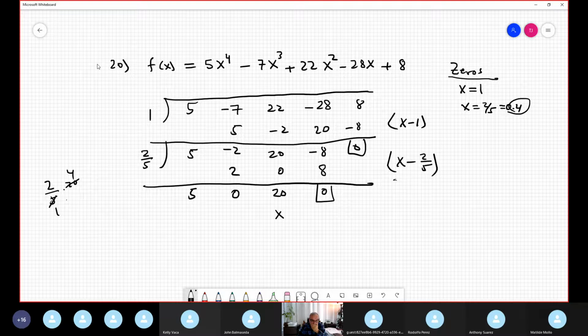So this is x to the 0, and this is x to the 1, and this is x to the second, no? Actually, my final polynomial is 5x squared, 0x, so that part is missing, plus 20. Actually, it's 5x squared plus 20. Okay, so how do you write that?